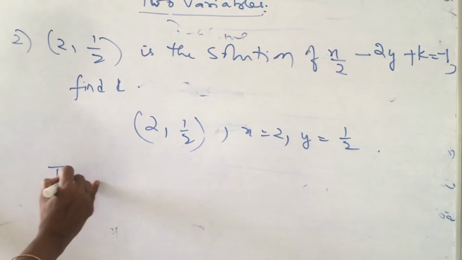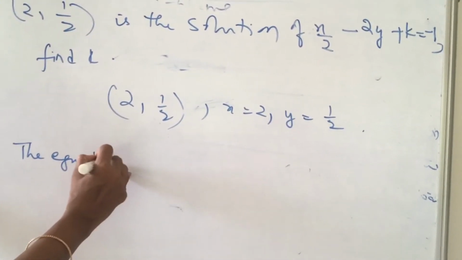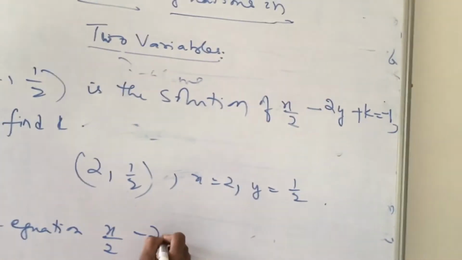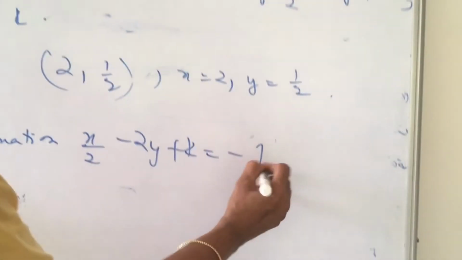What is the equation? The equation is x by 2 minus 2y plus k equal to minus 1.